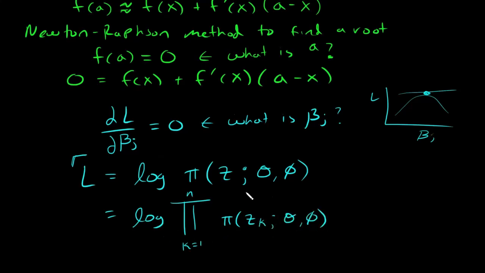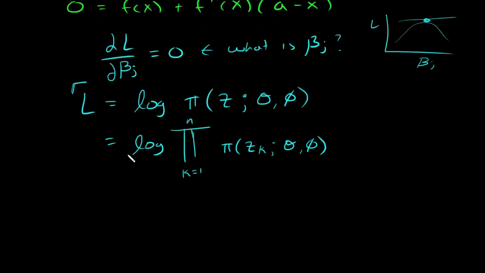So this is the likelihood function when I have more than one observation. Up until now, we've only ever had one observation, but now they're independent observations, so I can just take the product, and that will be my joint density function. Then when you have a log of a product, that's the same thing as the sum from k equals 1 to n of the logs.